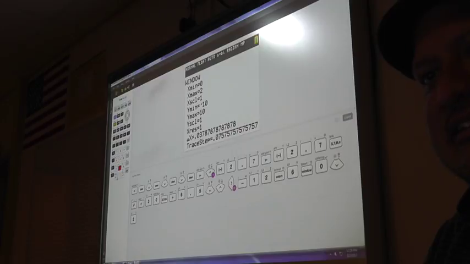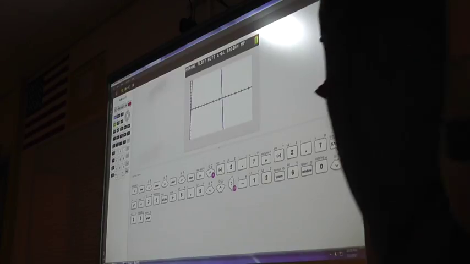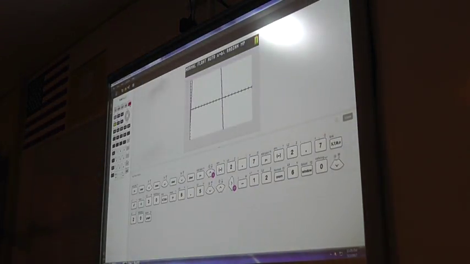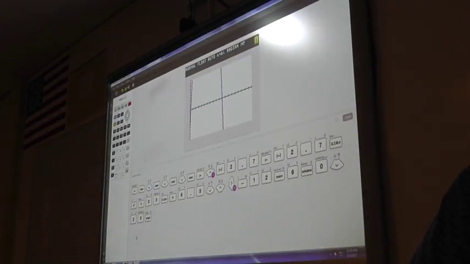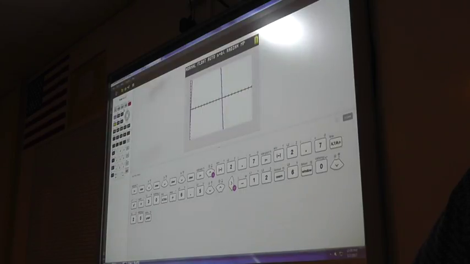So 20 times. Let's see if this one looks any better. So at least I know that now it's going up and coming down within 20. Now how high does this go? Let's see. How high does it go?